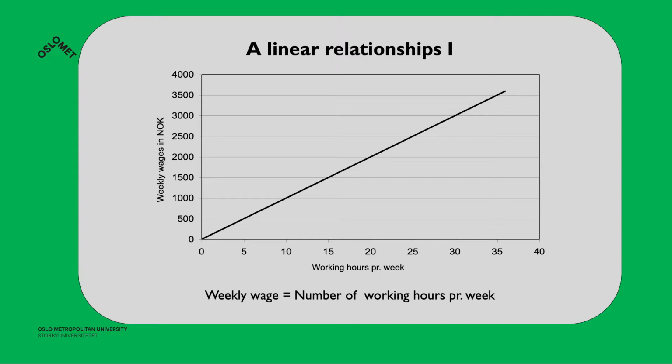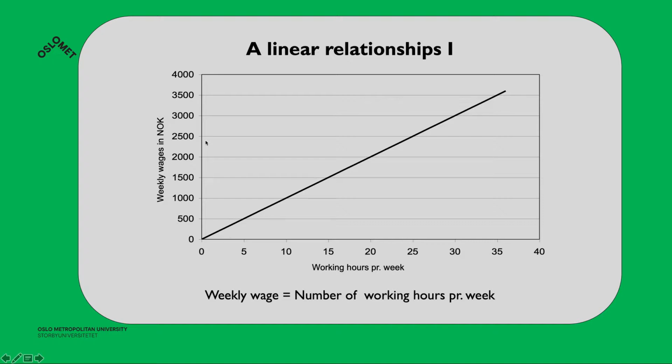If we didn't divide between dependent and independent variable, we could say that this is the correlation between working hours per week and weekly wage in Norwegian kroner. But if we think of this as an independent and dependent variable relationship, we say that okay, the more you work, the more you earn.